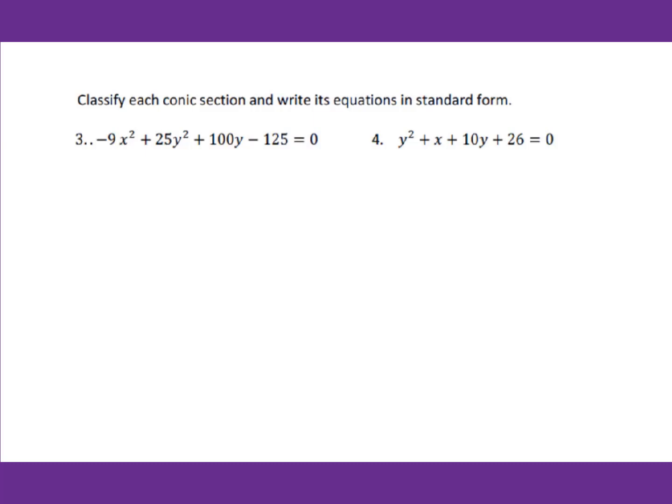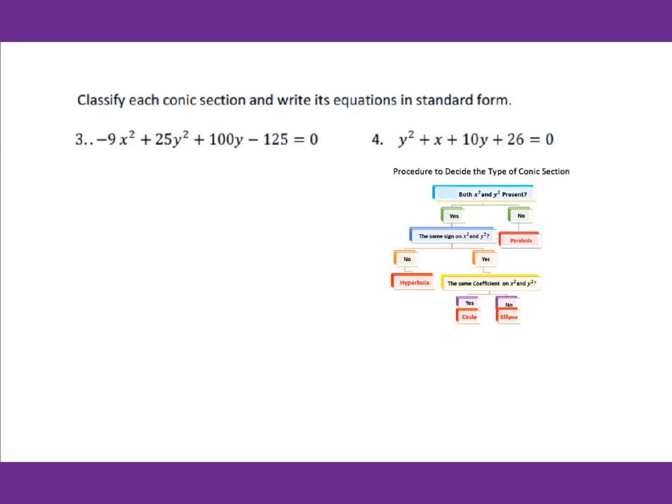Now let's go to practice. Classify each conic section and write its equation in standard form. For number 3, we use this procedure to decide the type of conic section. Since we do have both x squared and y squared in this equation, and we don't have the same sign, that's why it's a hyperbola.